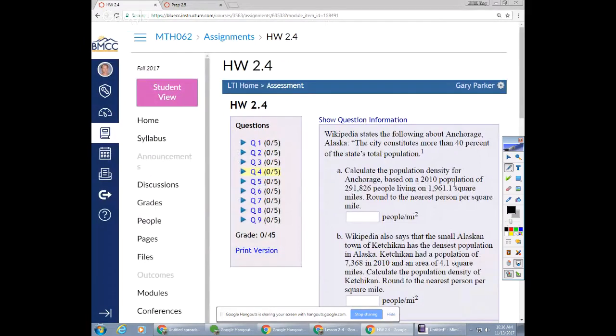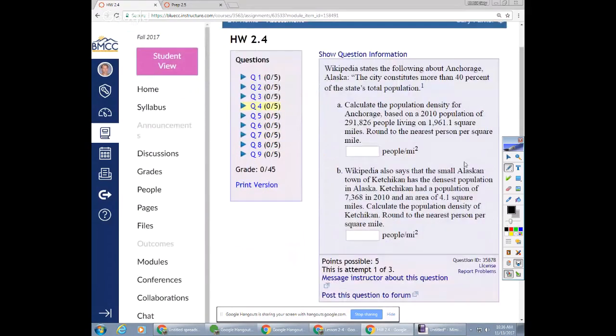I decided to pick on that Anchorage, Alaska question a little bit by getting some numbers here. I went online, and I go to Wikipedia a lot for data. It's usually pretty right on about things like this. Wikipedia states that the city constitutes more than 40% of the state's total population.